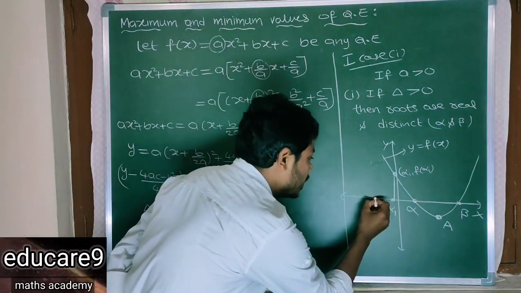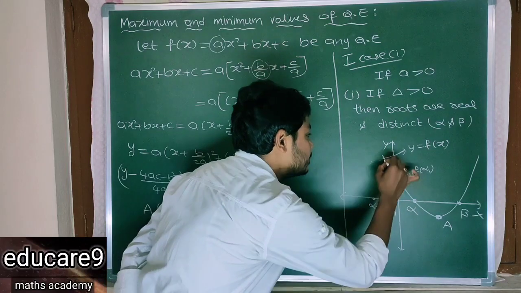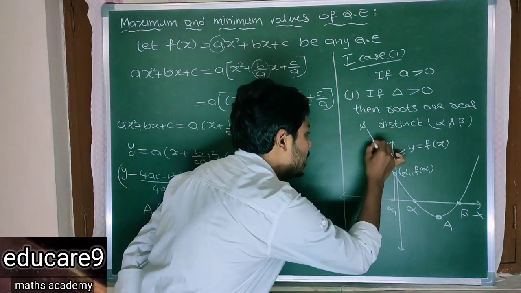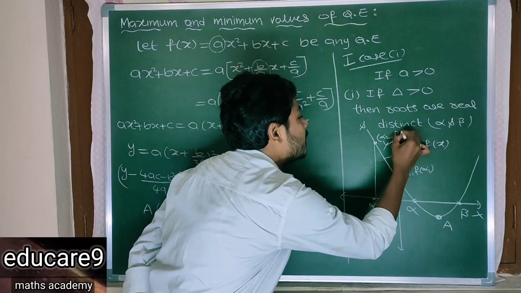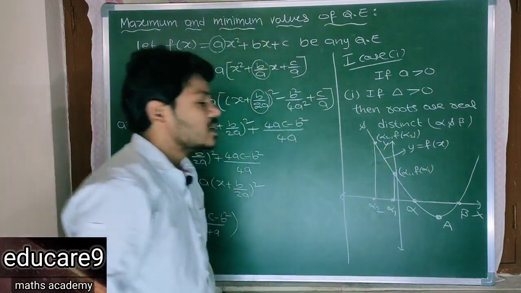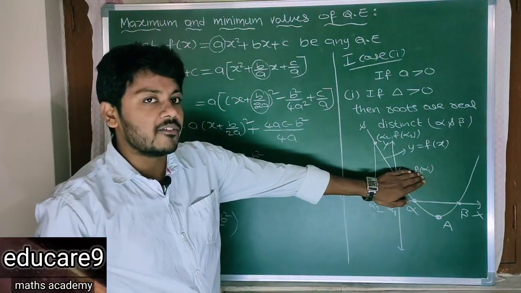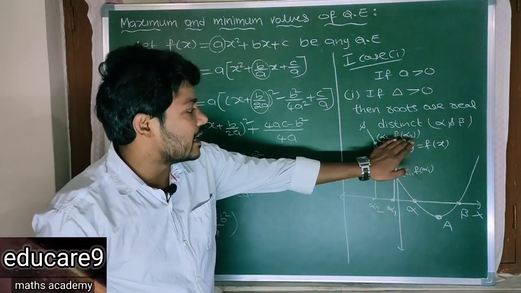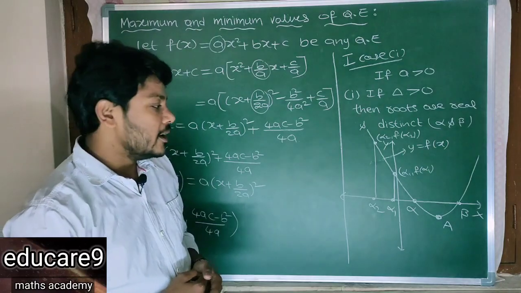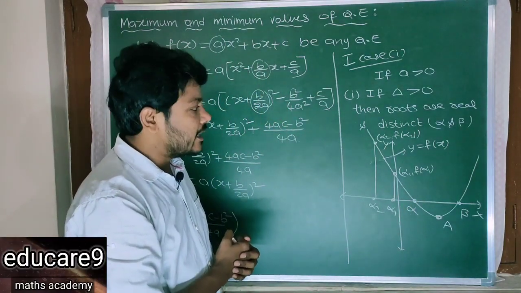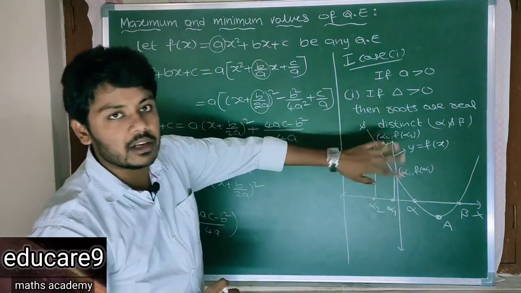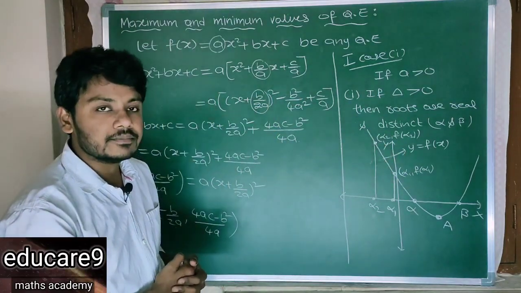For example, x is alpha 2 and this point is alpha 2 comma f of alpha 2. So clearly f of alpha 1 is less than f of alpha 2. If x values are less than alpha, in that case f of x values are increasing.